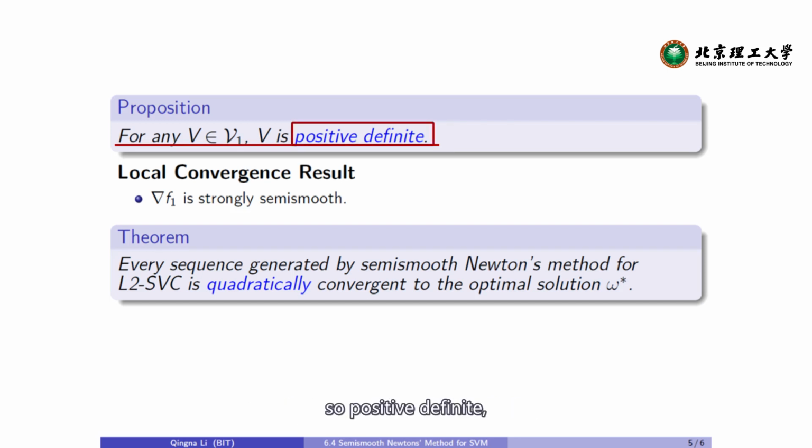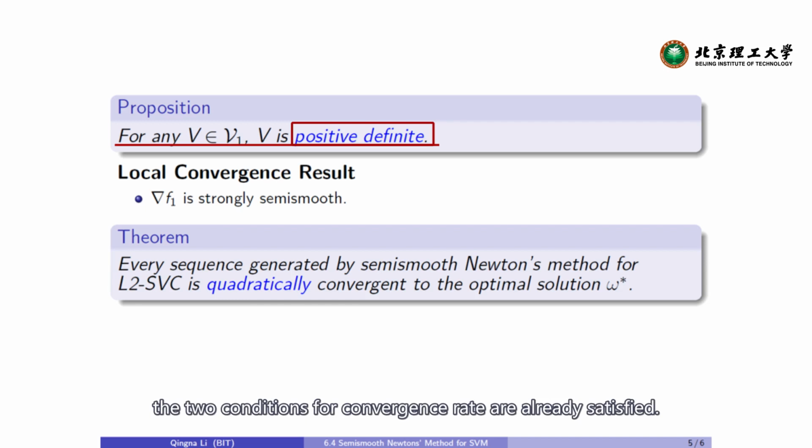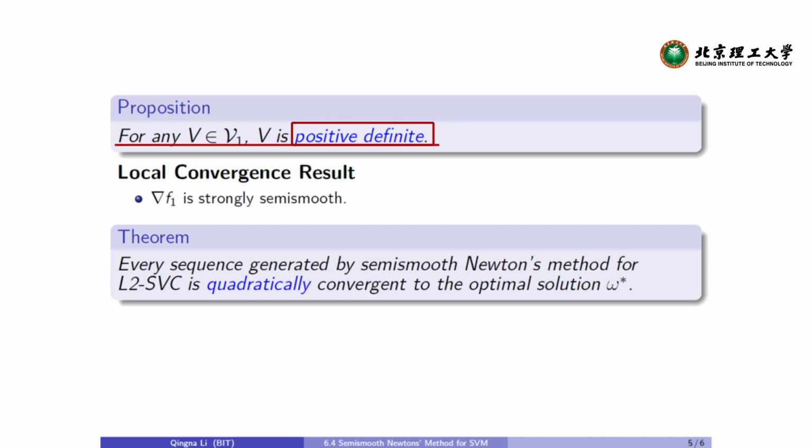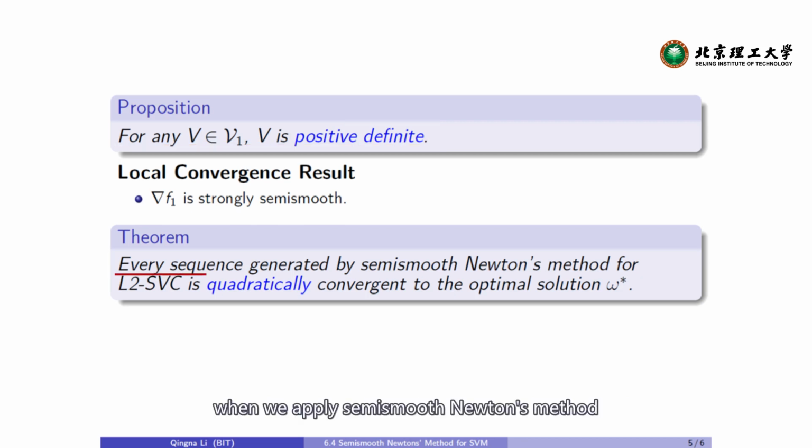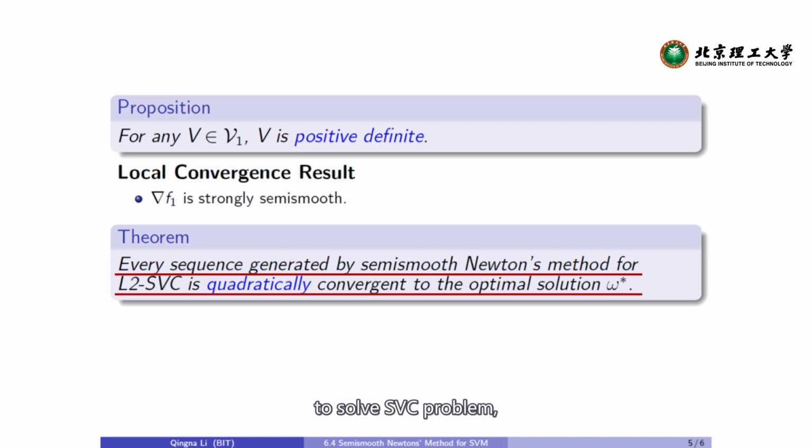Positive definite, of course, means it is non-singular. In a word, the two conditions for convergence rate are already satisfied. Therefore, we can guarantee that when we apply semi-smooth Newton's method to solve the SVC problem, we can get quadratic convergence rate, which is very nice.